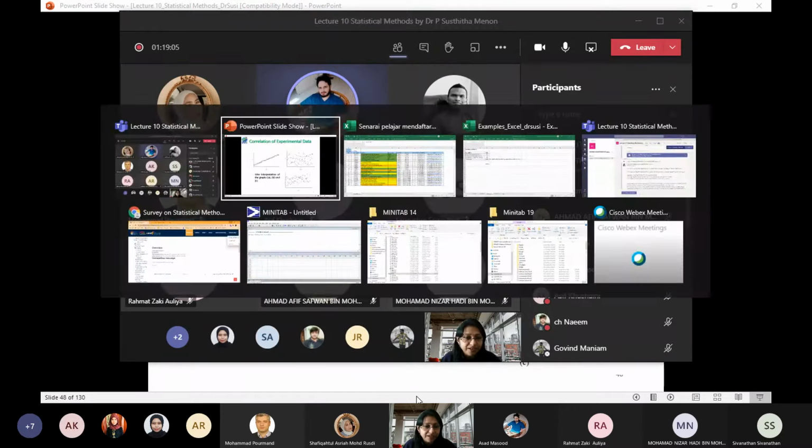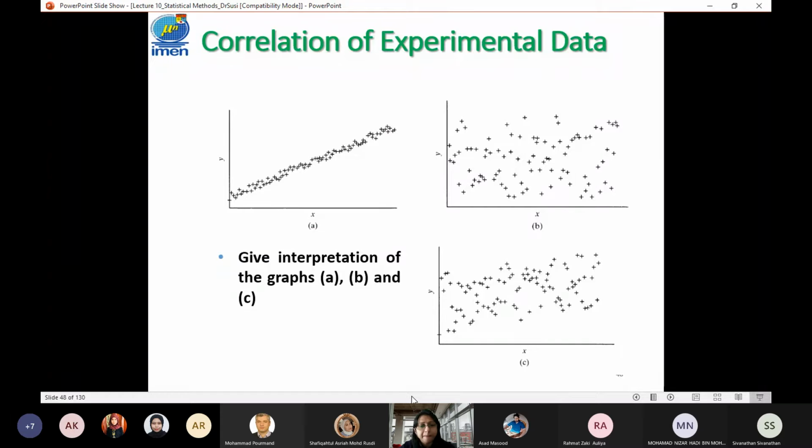Okay, we go back to the figure. What can you say about A? A has a linear distribution. Other two, B and C, have a random distribution.